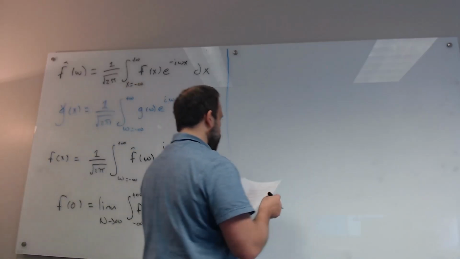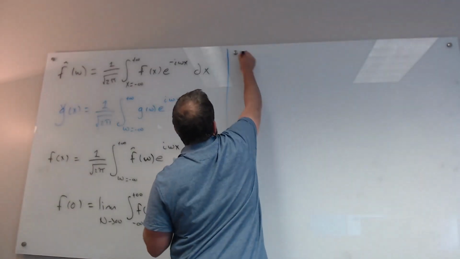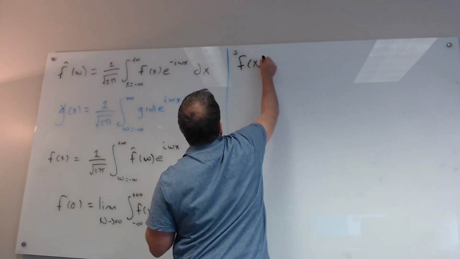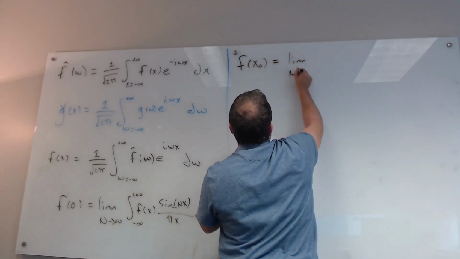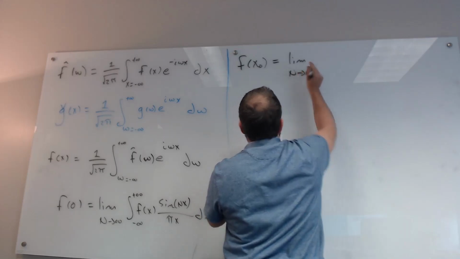I just rewrote what I had before. Now, in general, f of x naught is equal to the limit as n goes to infinity.